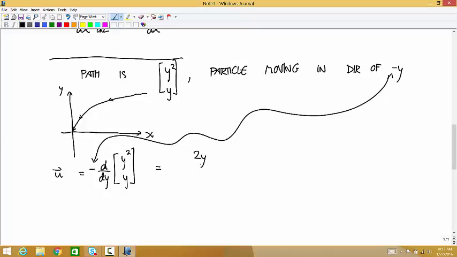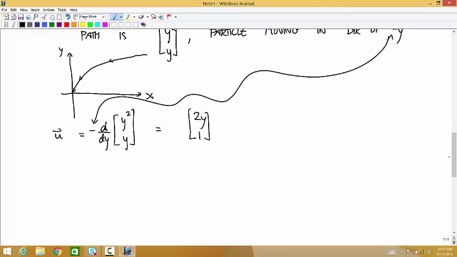And so you get 2y, 1. Then the length of that vector is the square root of 2y squared plus 1 squared, so 4y squared plus 1.